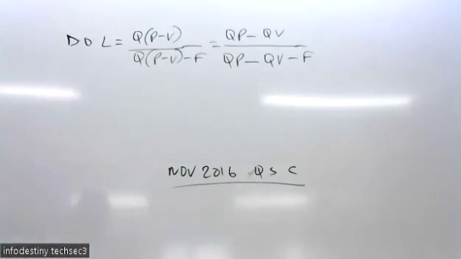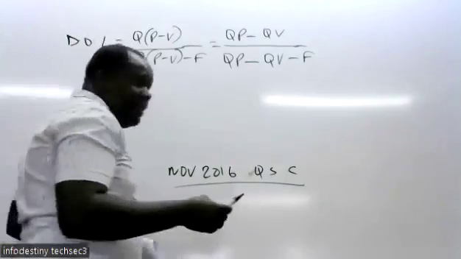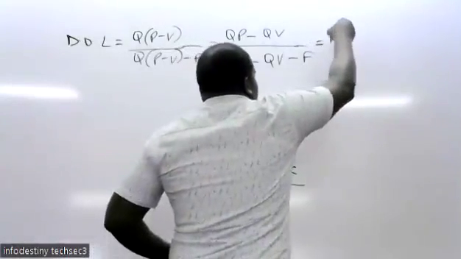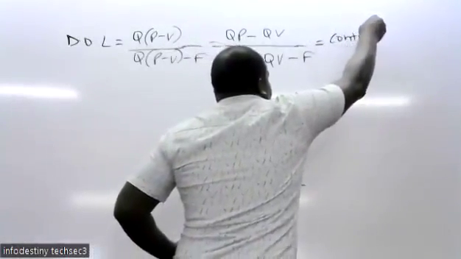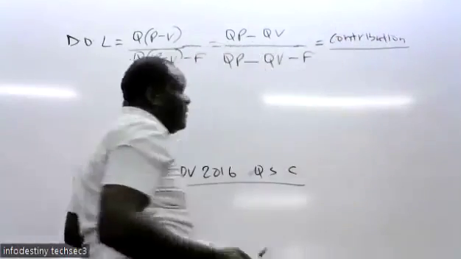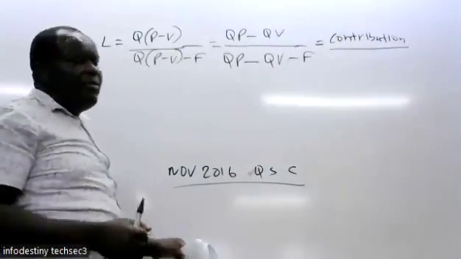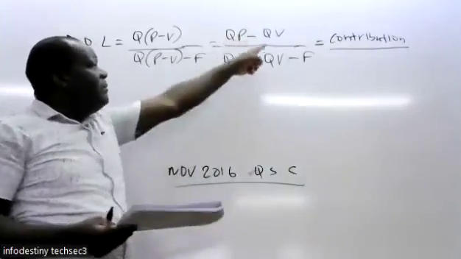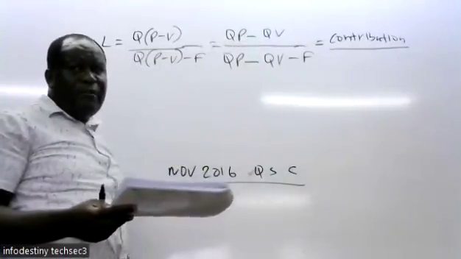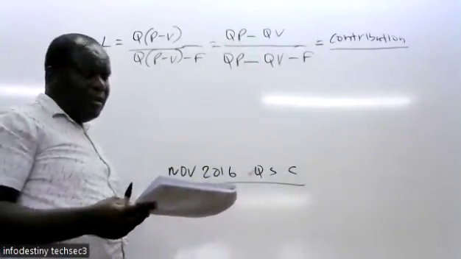So which means that the degree of operating leverage can also be given by the contribution. From that income statement, when you take the sales minus the variable cost, that difference gives you the contribution.